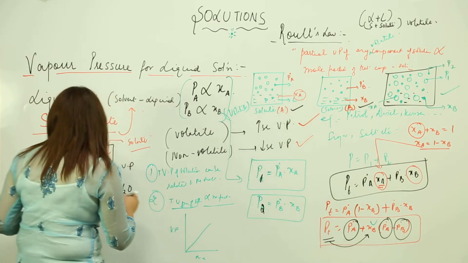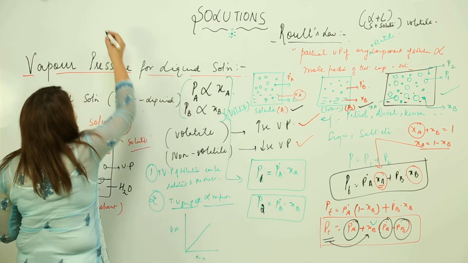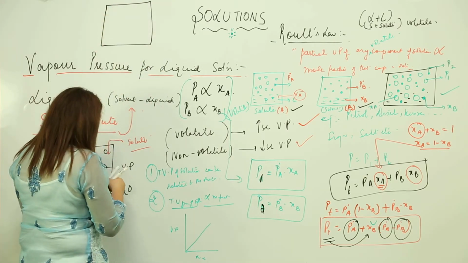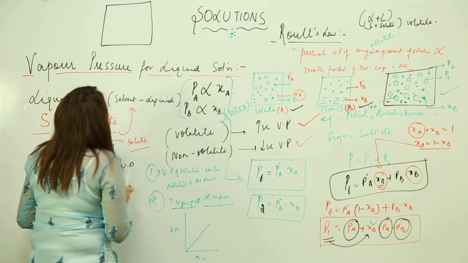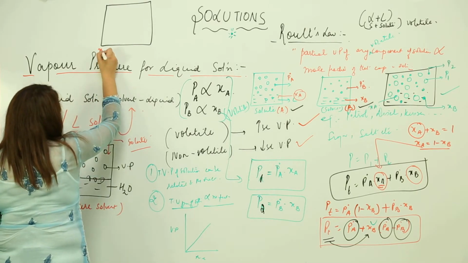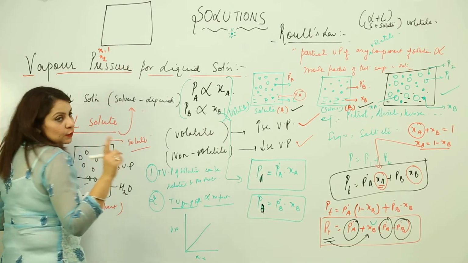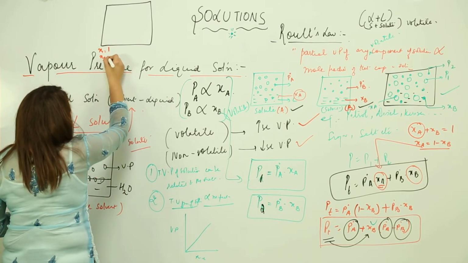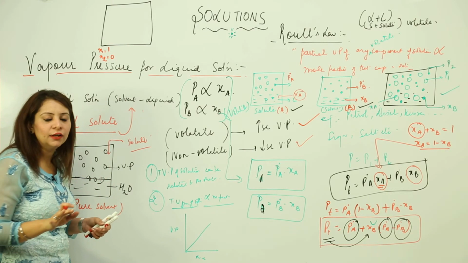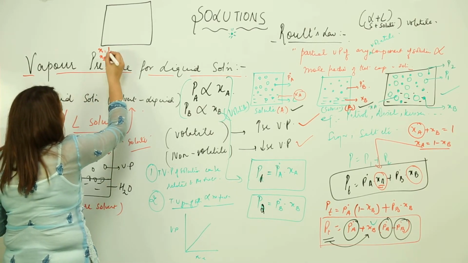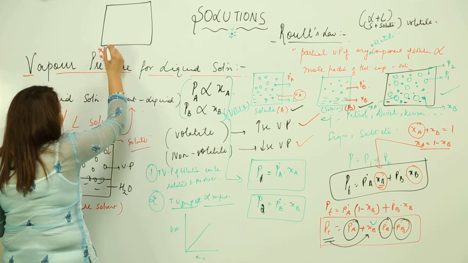So let us make the graph here. Let us assume that we have two components, 1 and 2, or A and B, whatever. Let us say that the mole fraction of x1 is 1 and the second component is non-volatile, or it is not present. So when it is not present, obviously the vapor pressure is just going to be due to x1.